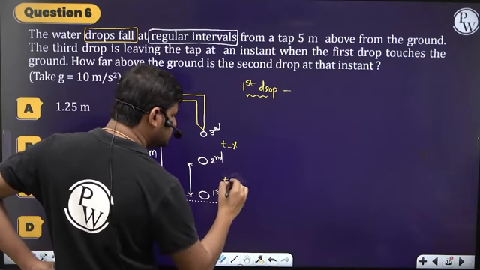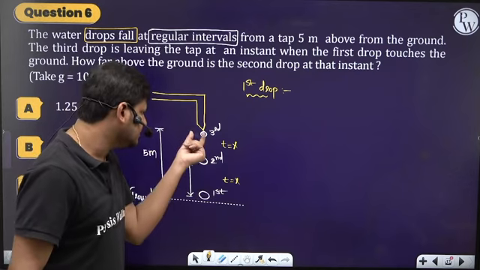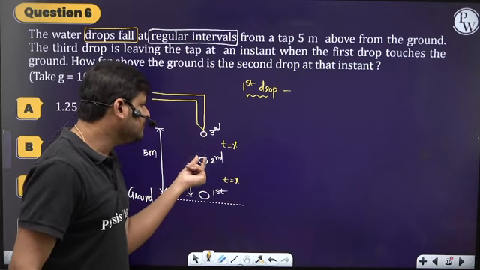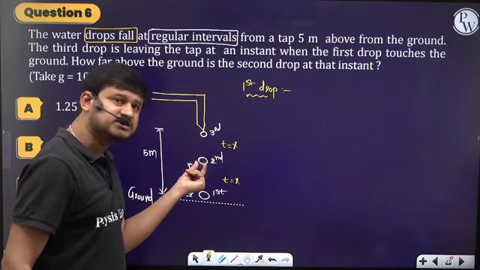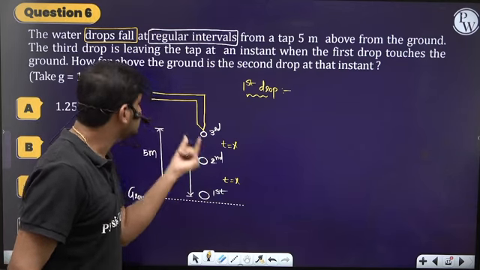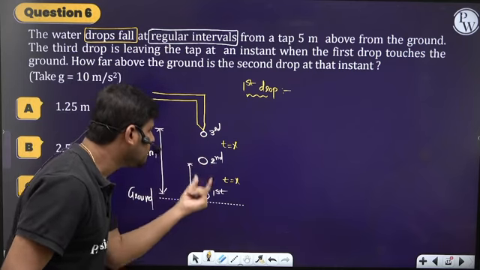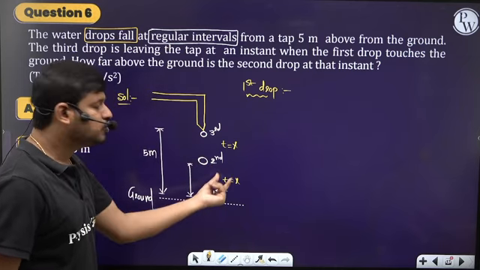Obviously between these two also the time taken will be x, because they are falling at regular intervals. So before x seconds this was released already, and before one more x seconds this was released. So the total time taken by the first drop to reach the ground will be 2x seconds.